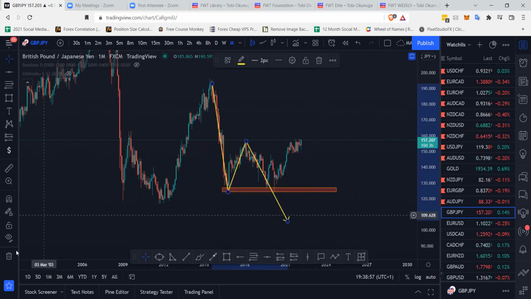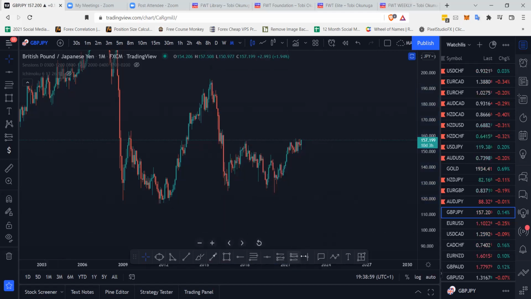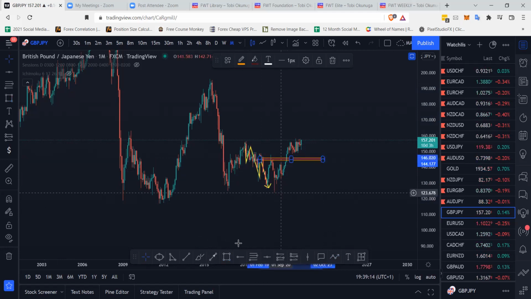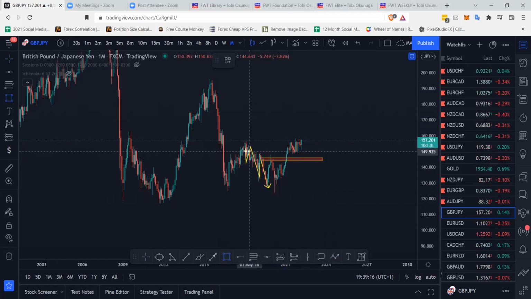But what we do see is all these moves here in these small ones. You can see it. And then what do we see? Looking at that, we are seeing that price has broken these lower highs. This lower high here, we can see a strong break.